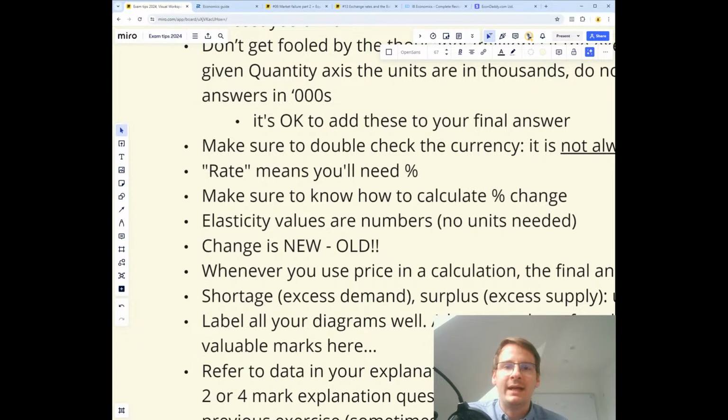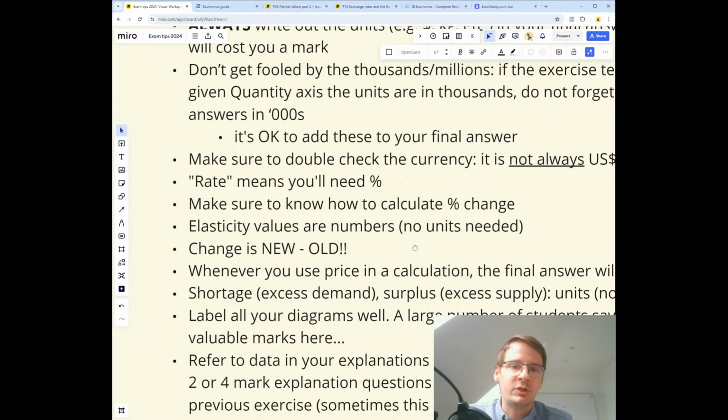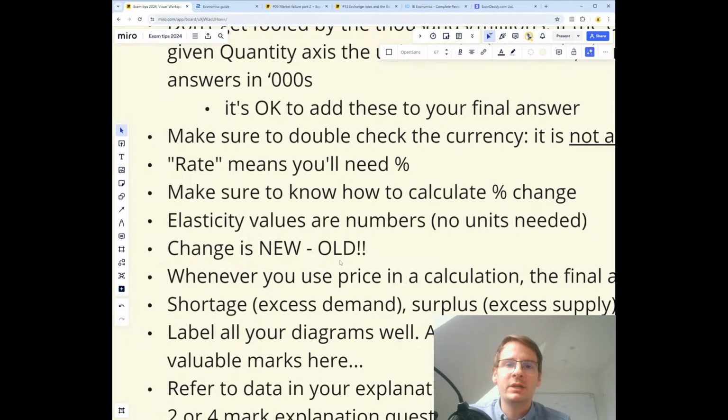You have to tell the examiner. And perhaps if the new value is lower than the old one, then if you follow this structure, new minus old, then you will get a negative number, which you should if there has been a decrease in the consumer expenditure in that question. So make sure it's always new minus old for any change calculations.